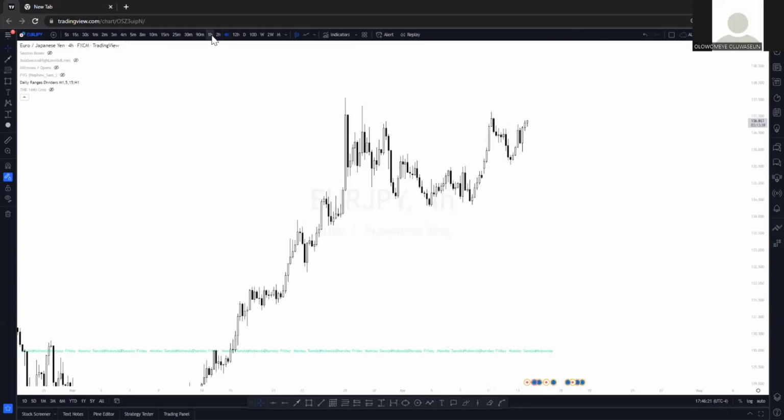Yes, you said if we want to locate the POI, it has to be between the 61.8 and the 78.6, right? Yes, that's your premium price. Okay. What if it's above it? If it's below the equilibrium, that means we are not going to consider it. Yes, but if it's above it, it's also good. We can have price giving us our POI at extreme.